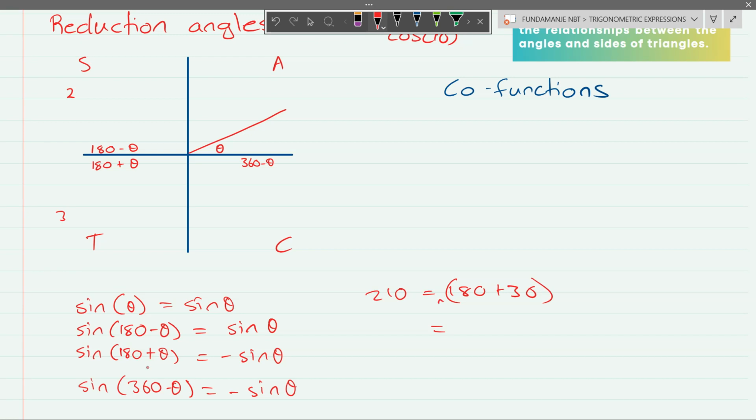Depending on which function you're working with, if it's tan, it's going to be positive tan theta, so tan 30, because the angle is 180 plus theta and theta is 30. If it's cos, it will be negative. If it's sine, it will be negative too. That's how we use these reduction angles to simplify our angles.